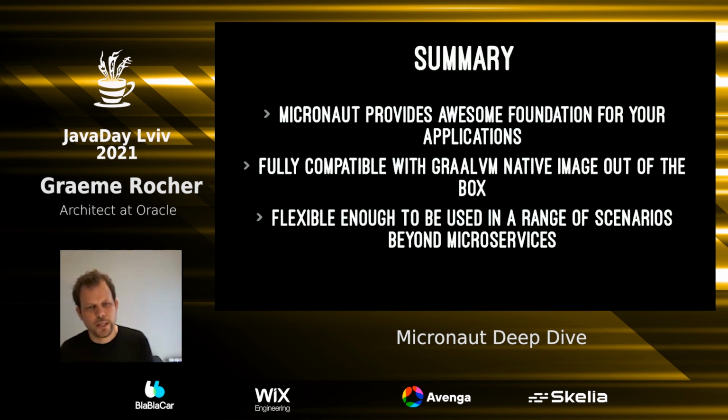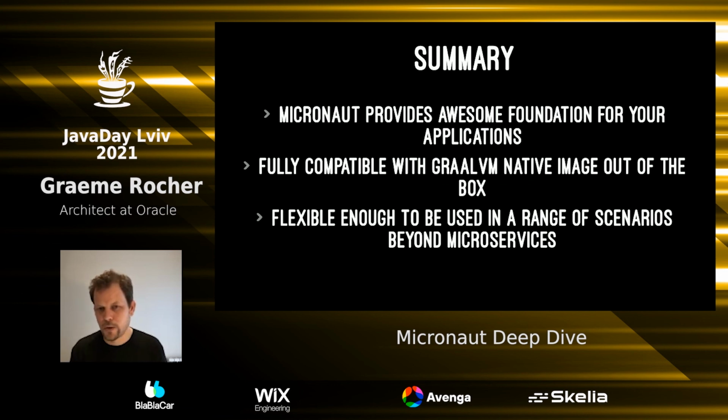I'll just do a quick summary because I want to have time for Q&A, and after the summary, we'll go back and look at the native image. But basically, Micronaut provides an awesome foundation for your applications. It has lots of different features, and all of them work at compilation time.